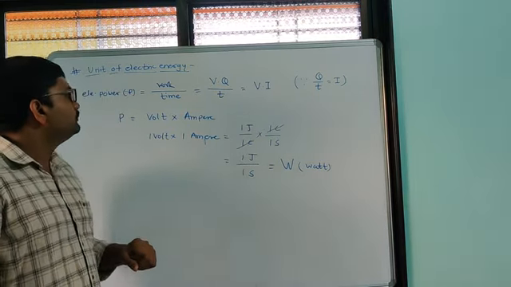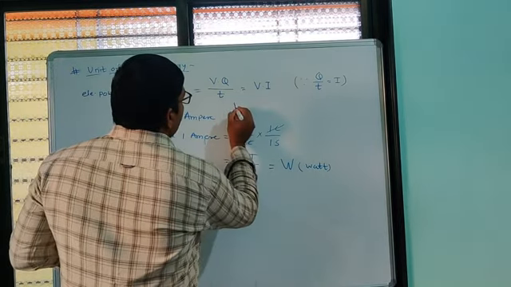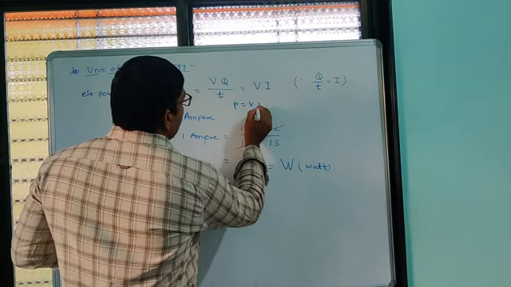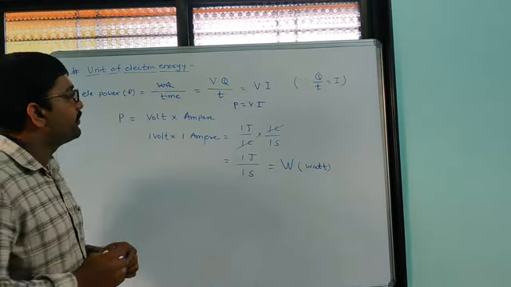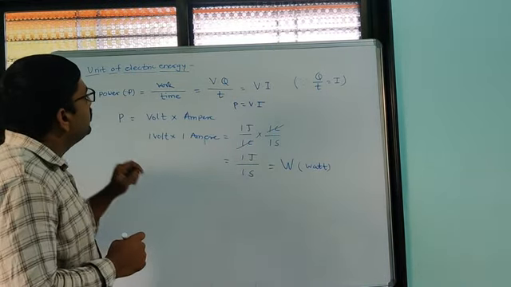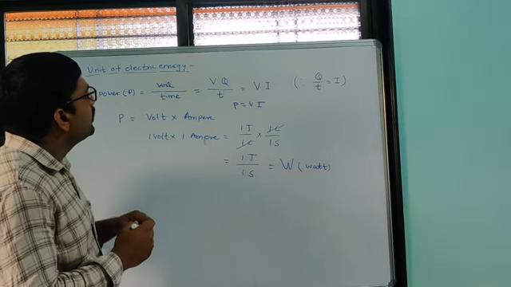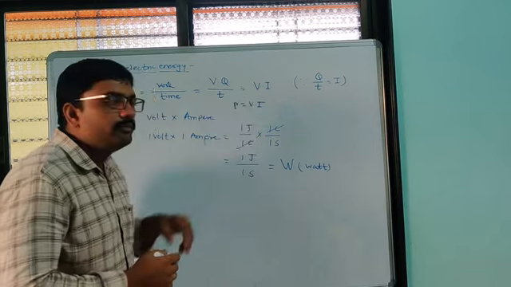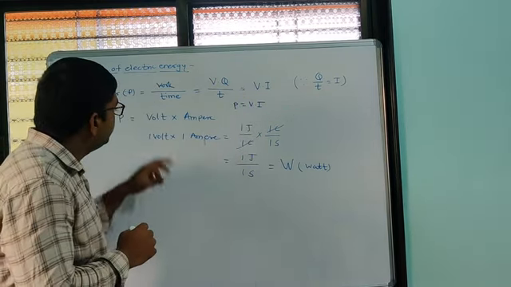So here we know electric power P is equal to V into I. Electric power is equal to V into I. Then what is the unit of this V? That is the potential difference, that is volt.